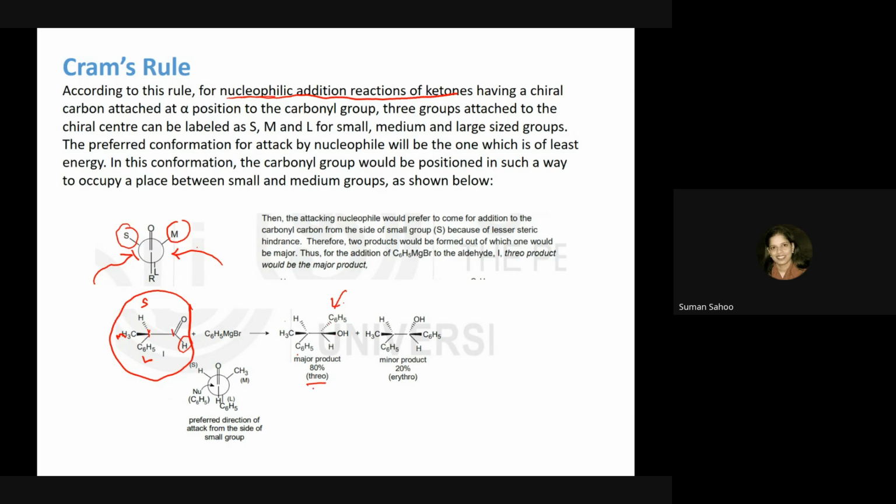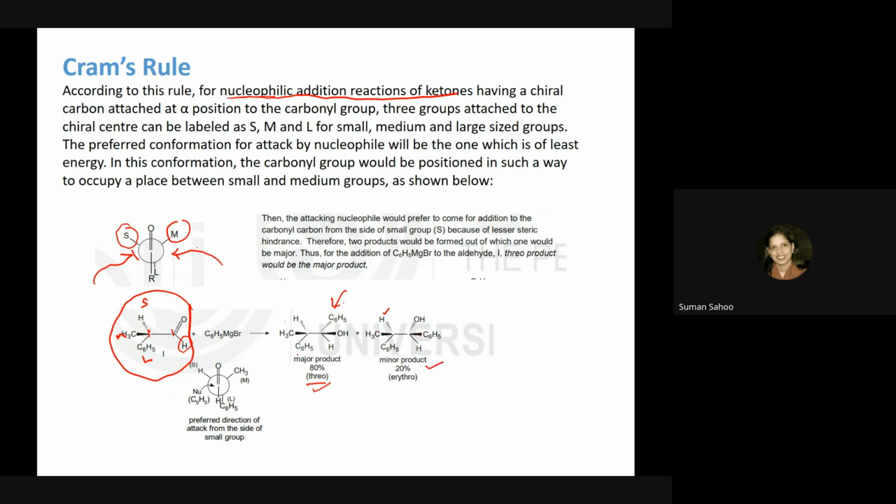That gives you the major product. If C6H5 comes from the medium side, the CH3 side, then C6H5 will be on the same side as CH3, and OH will go down the plane, to the side of the hydrogen, the small group. That gives you the minor product.